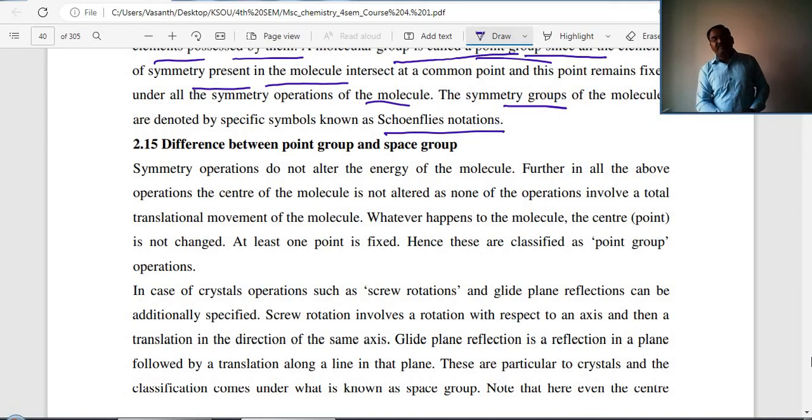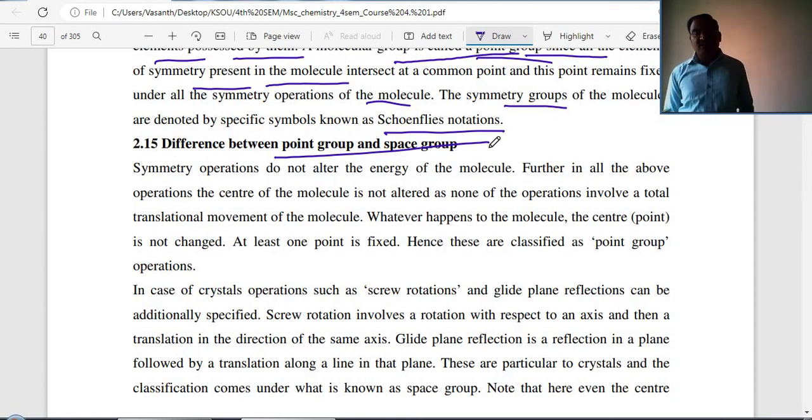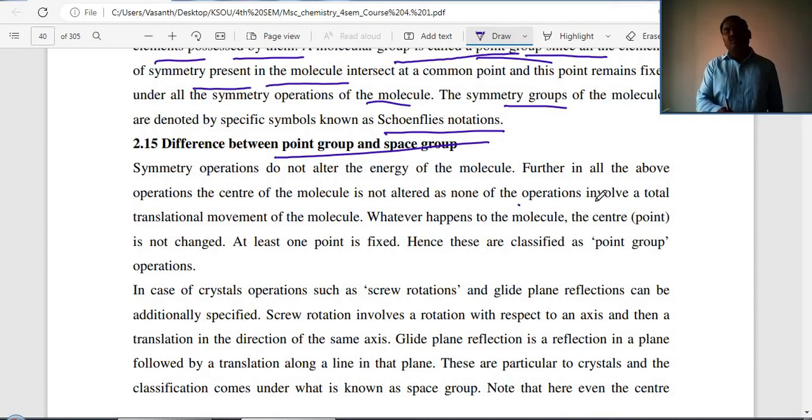How do we differentiate between a point group and a space group? Symmetry operations do not alter the energy of the molecule. Further, in all the above operations the center of the molecule is not altered, as none of the operations involves a total translational movement of the molecule.